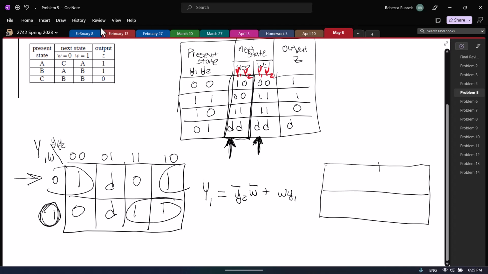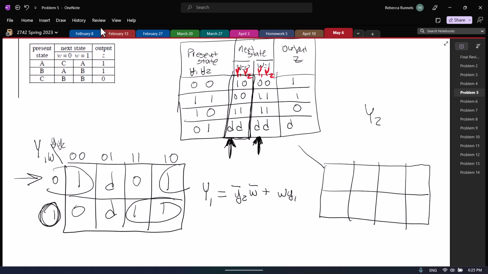And now let's do y2. This will be y2. And I have little y1, little y2, and w, 0, 1, 0, 0, 0, 1, 1, 1, 1, 0. I know I have don't cares here. So now I'm looking at my second column for when w is 0.